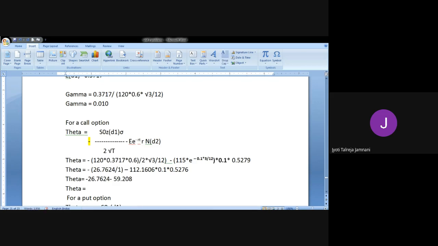Theta is equal to, both are minus, so minus 26 point. Just check this, 59.208 or 5.9, it is 5.9209.